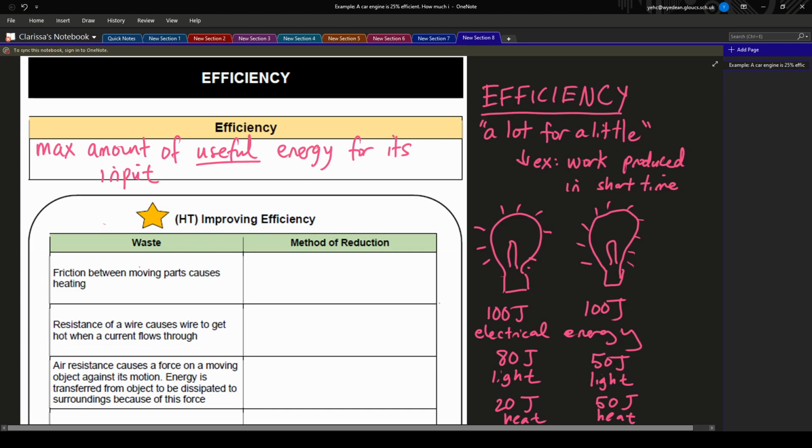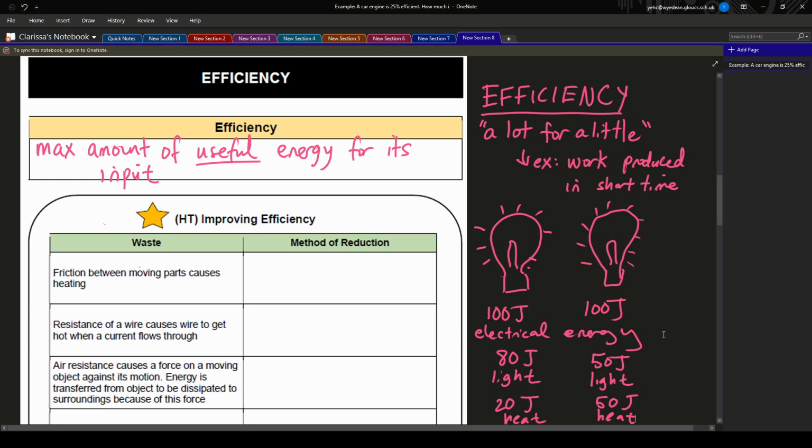It only has like 20 joules of wasted energy, because we don't really care about having heat from a light bulb. Conversely, the light bulb on the right-hand side is less efficient. It's not very good at transferring energy from its input into being useful because it's wasting 50 joules.